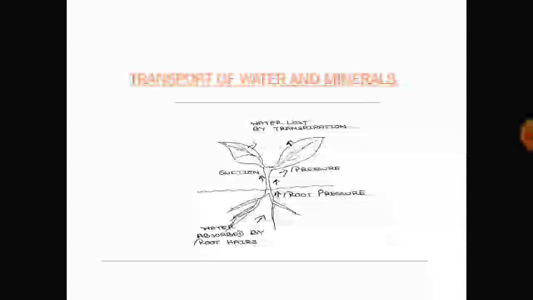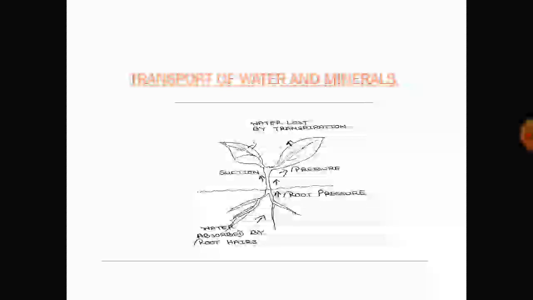So, water and minerals get transported from the root to all parts of the plant in two steps. First is the pressure developed in the root due to continuous inflow of water, called root pressure. What is root pressure?